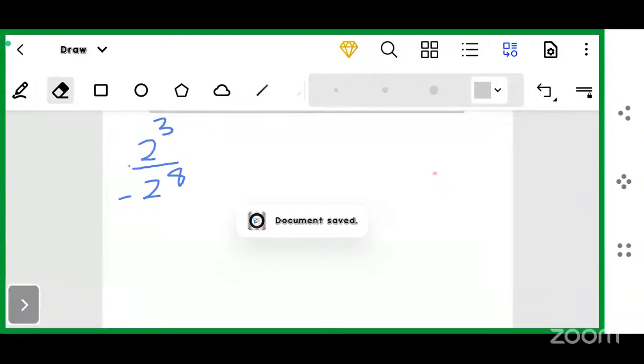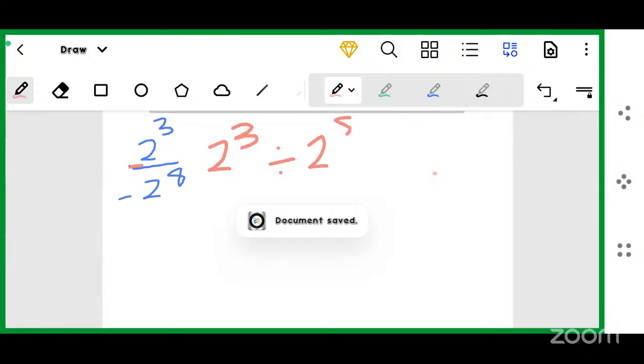Yes, ma'am. Perfect. So, since we have 2 to the power of 3 over 2 to the power of 8, we can also write it as 2 to the power of 3, and we include this type of divide, 2 to the power of 8. Now it's easy for us to see that we have two similar bases.